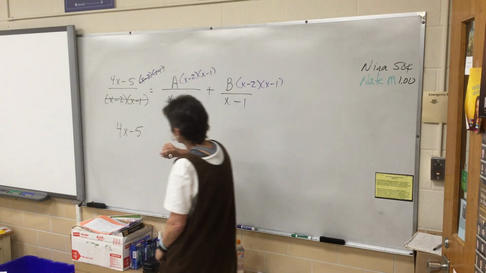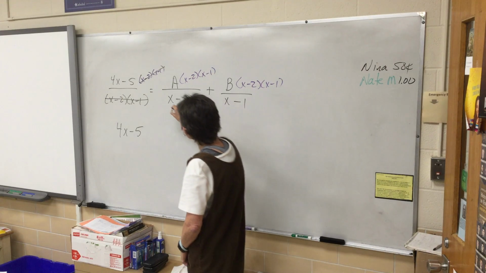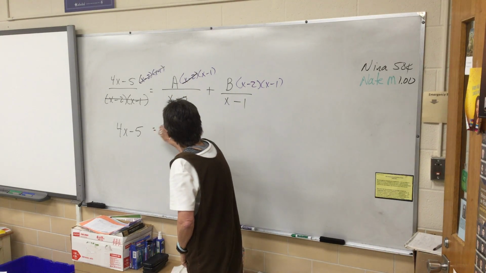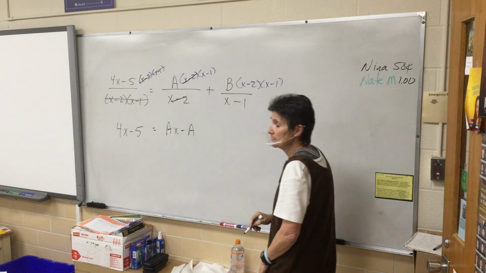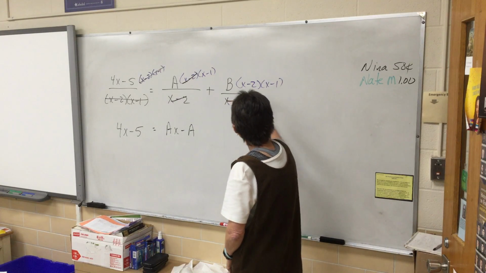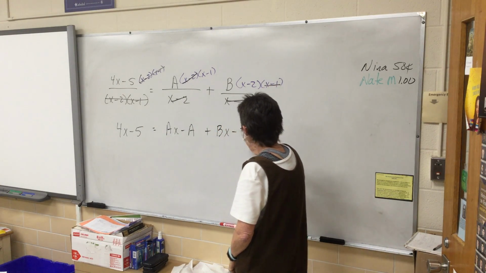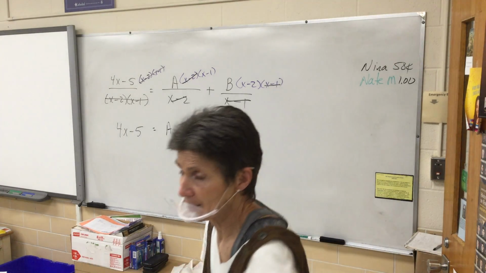So in the original problem, you're just going to have 4x minus 5. Here, you're only going to lose this part because that's all you've got, but you're going to be left with ax minus a. And here, you're going to be left with bx minus 2b. The point is, get rid of the denominators.